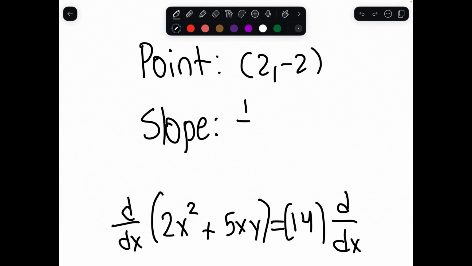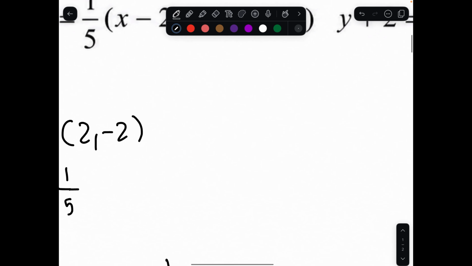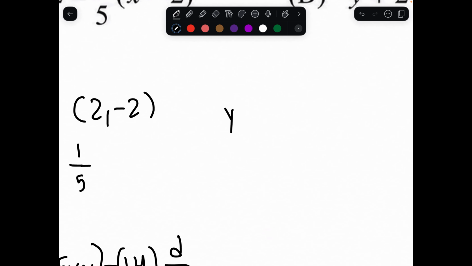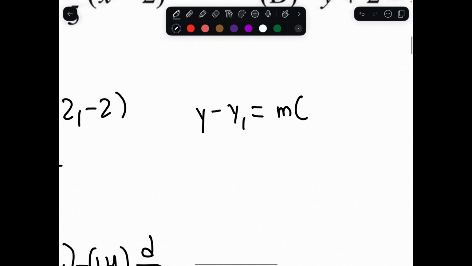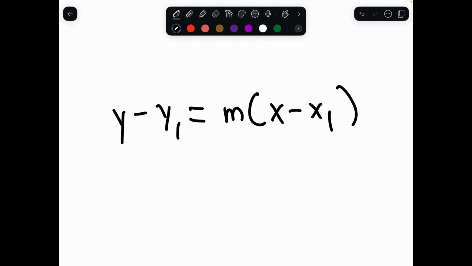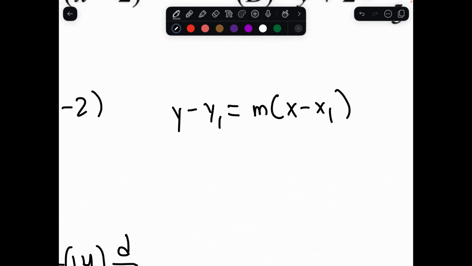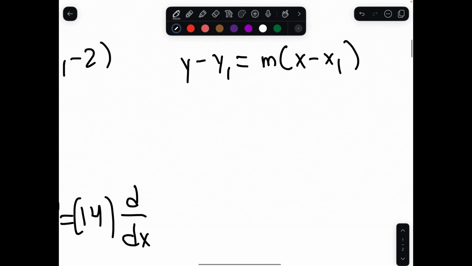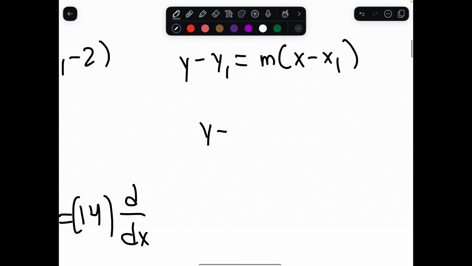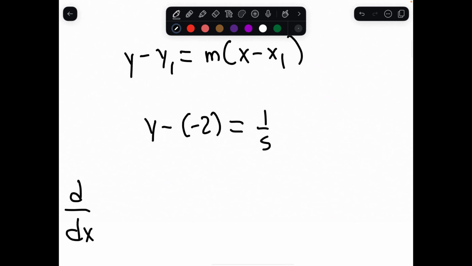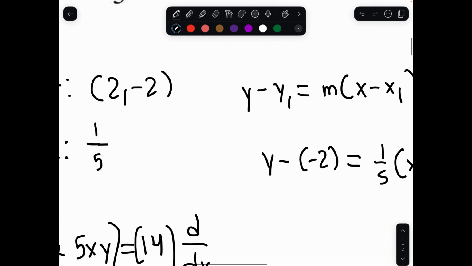And now we can just make our equation. So you're going to use the point-slope form. It's going to be y minus y1 equals m times (x minus x1). This is the point-slope form. And now you can plug in your point and your slope. So y minus -2 equals the slope 1/5 times (x minus 2).